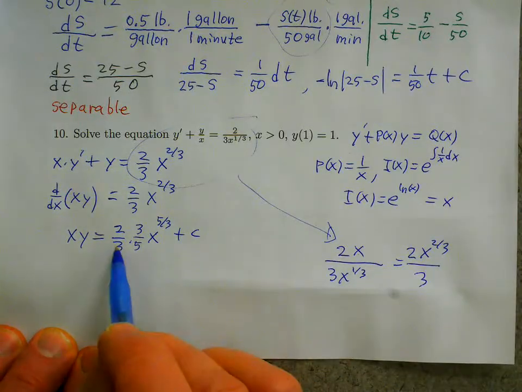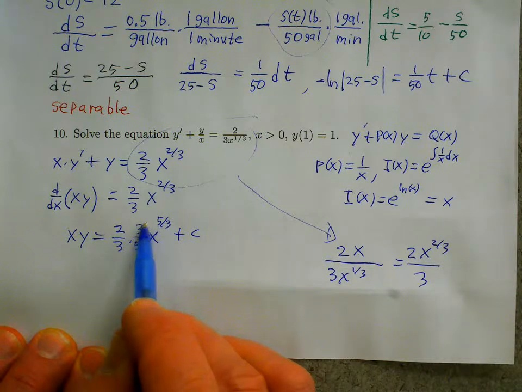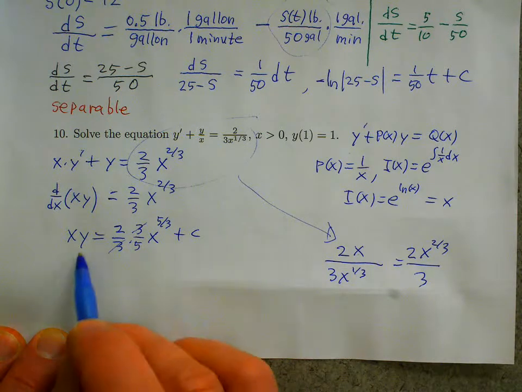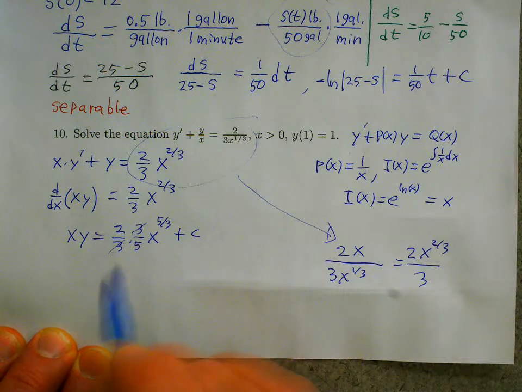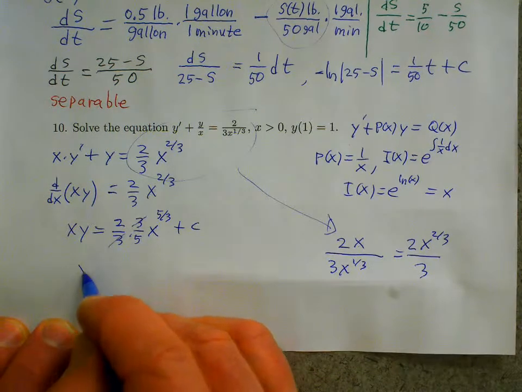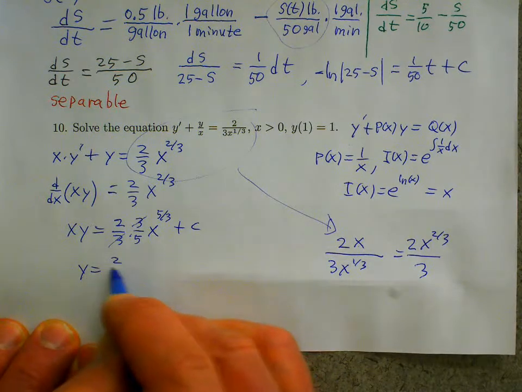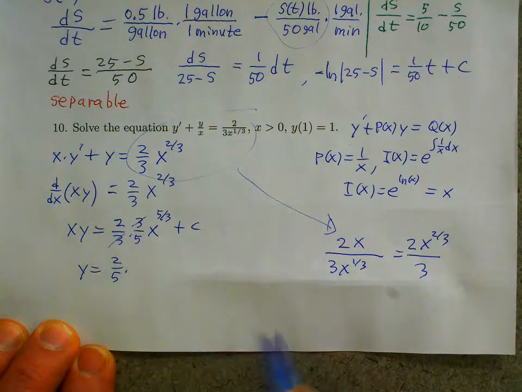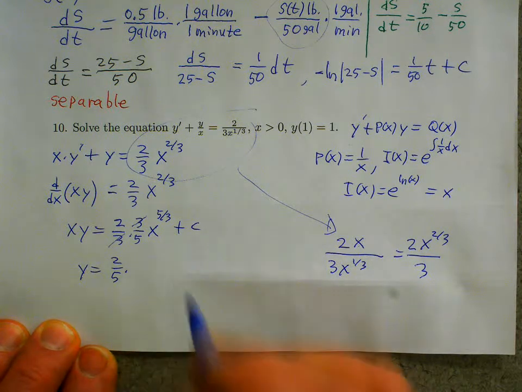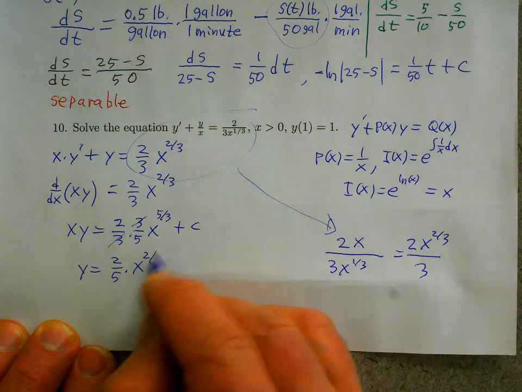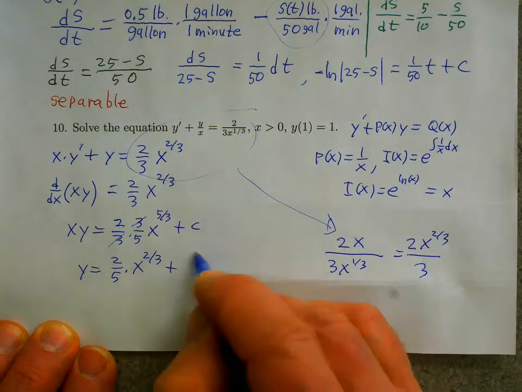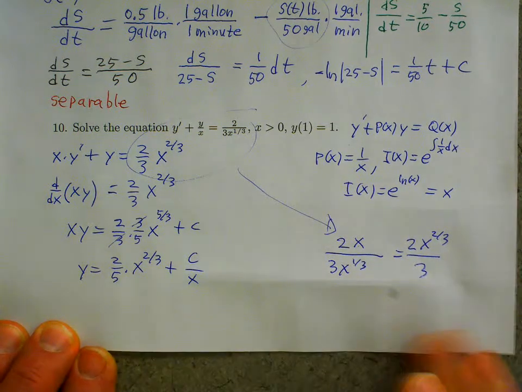So in the next step, I'll do a couple of things. I'll simplify the 3 divided by 3 and also divide every term on both sides by x. So we get y equals 2/5 times x to the 2/3 plus c divided by x.